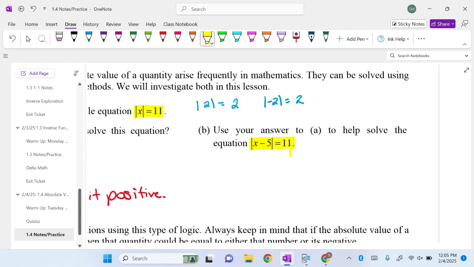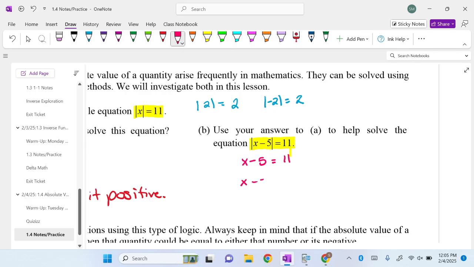Not so much for x, but in other words, we want x minus 5 to equal what 2 numbers? If we remove the absolute value signs and we just had x minus 5 equals, what 2 numbers could that expression equal so that when you take the absolute value of that expression, it'll give you positive 11? What's one number that would work? 11.